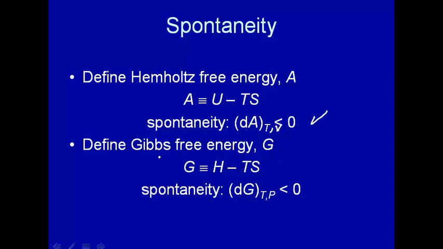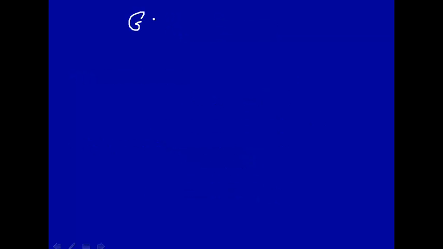And finally we get to the Gibbs free energy, given the symbol G, which you're probably familiar with from introductory chemistry and other science courses. So let's just see where that comes from. G we're going to define as H minus TS. So we're going to subtract off some non-useful energy.